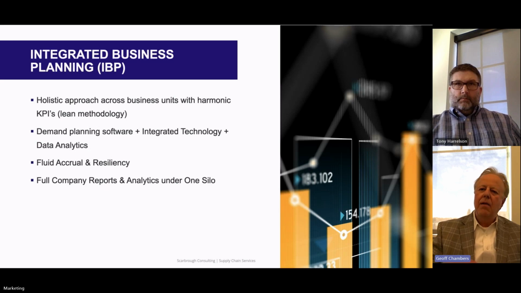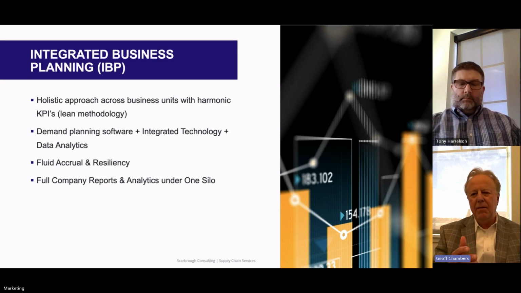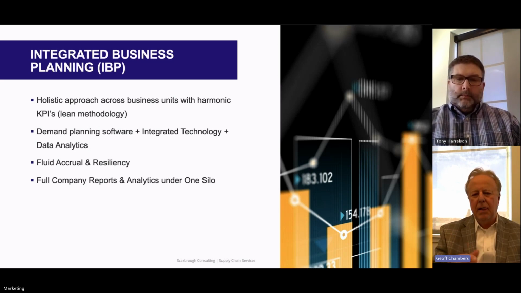So we've gone from a functional silo to a demand plan, which is very important. We've gone to collaborative S&OP, and we understand the importance there. But when you combine all of these different supply chain models and recognize that we're dealing with a business initiative, not a supply chain model, so to speak, then you'll have a greater understanding of how you can quantify and have your analytics under one silo.